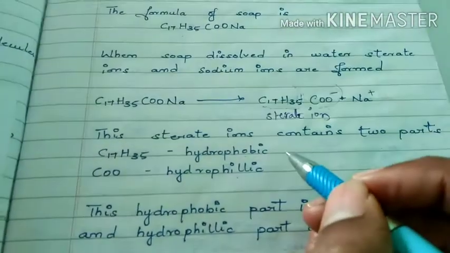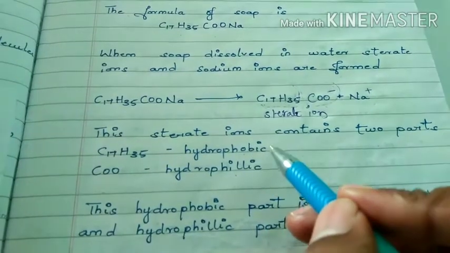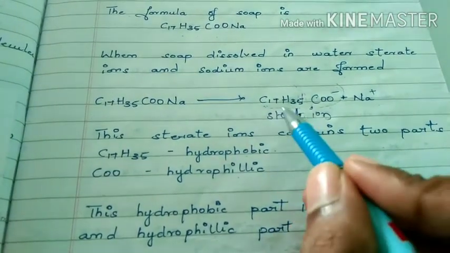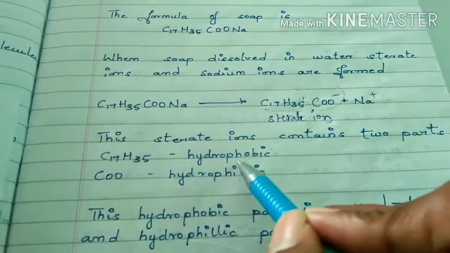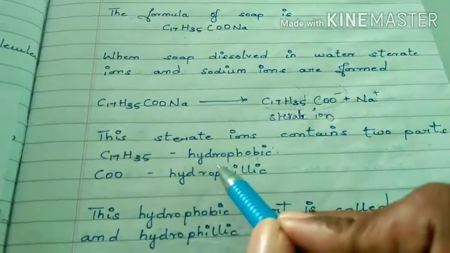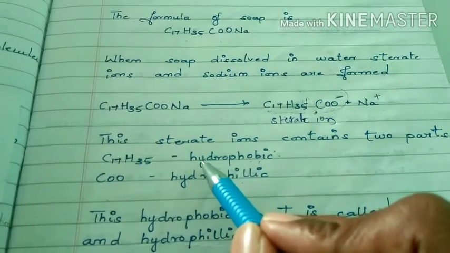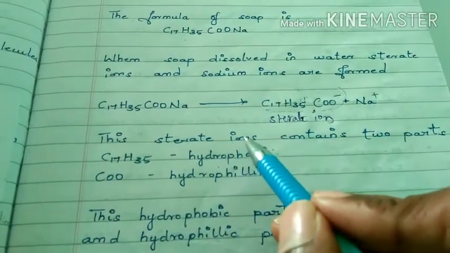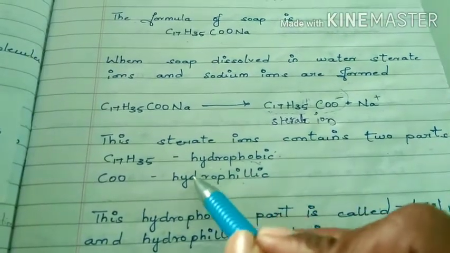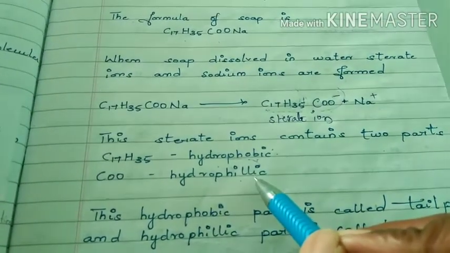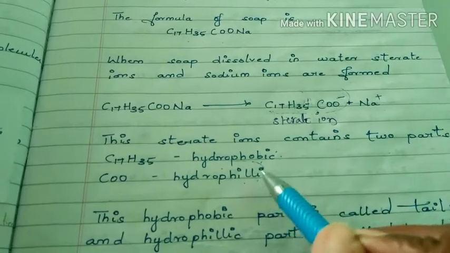Why is it called the hydrophobic part? Because this part does not react with water. Hydro means water, and phobic means fear. That part doesn't react with water. Why is it called the hydrophilic part? Because that part can react with water easily. That means it has more affinity.